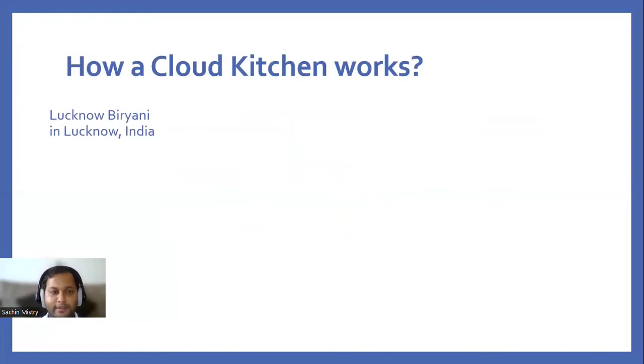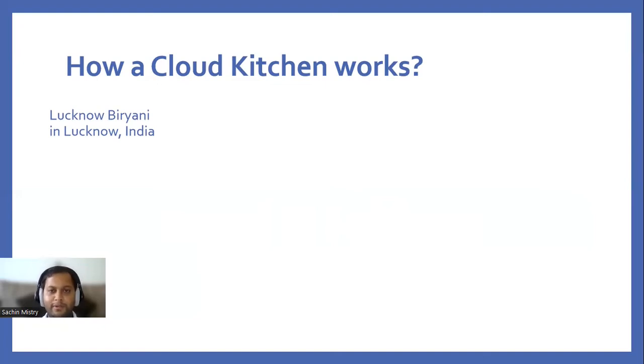Here we have taken an example. For instance, we have Lucknow Biryani, which is a restaurant in Lucknow, India, which makes a very good biryani. And now they want to open a branch in some other place. So now they have different methods.